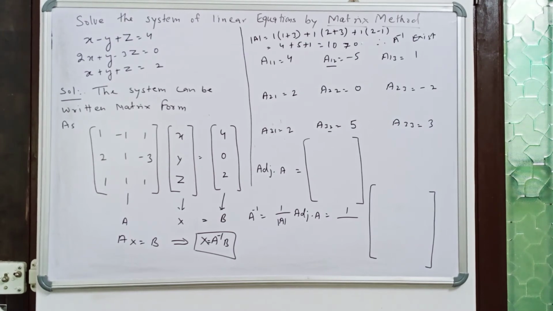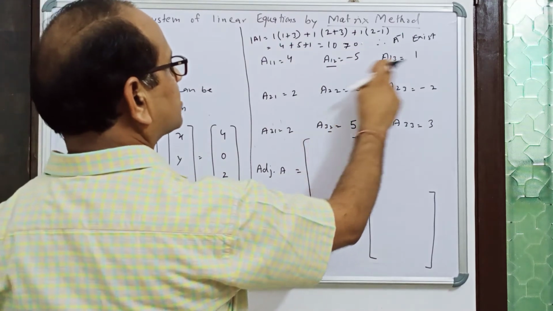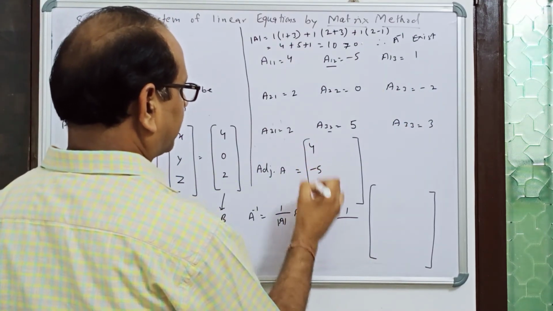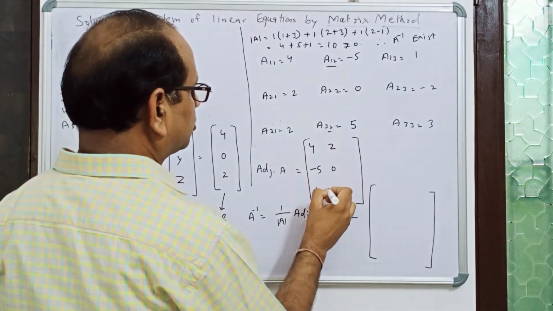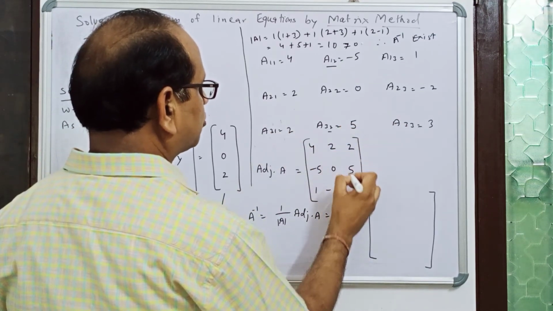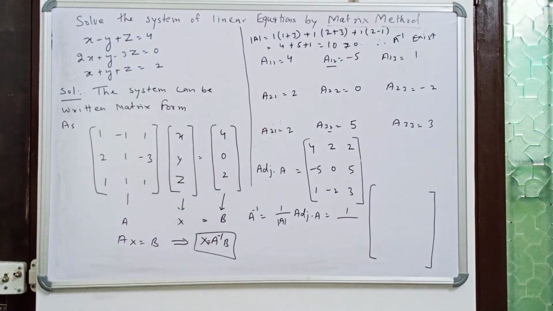So we will calculate the transpose of cofactors. It is 4 minus 5, 1. So we write here 4 minus 5, 1; 2, 0 minus 2; 2, 5 and 3. So in this way we calculate adjoint of A.